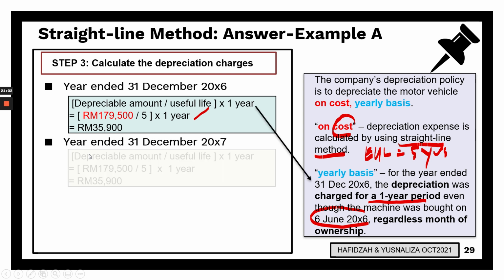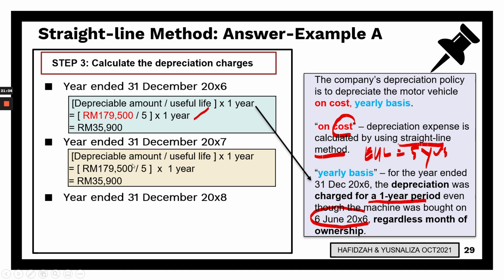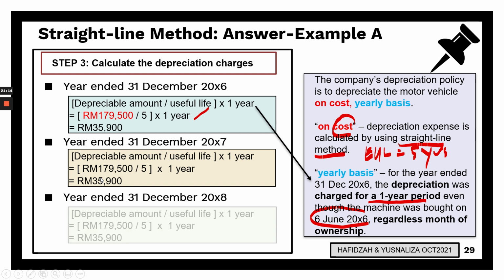In the second year, it would be the same, because remember in the theoretical part that I explained earlier, the depreciation is the same for the asset if it follows the straight line method. The same goes for the third year, assuming we have no other additional purchase of the same motor vehicle whatsoever.